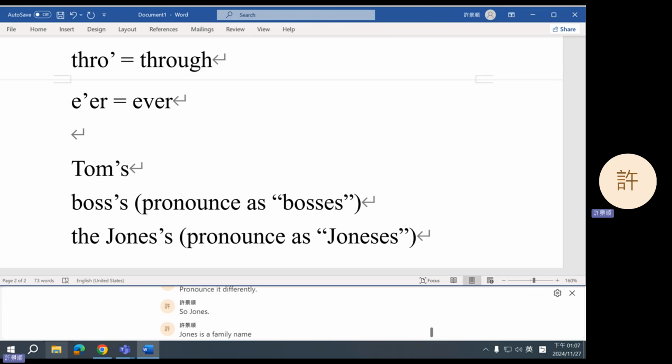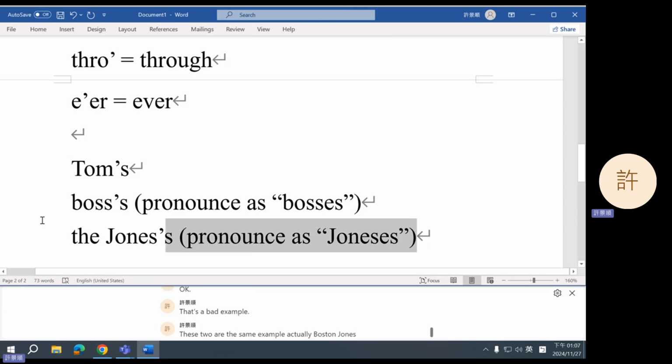So when you say the Jones, you're talking about the family named Jones. It's a plural noun. Okay, that's a bad example. These two are the same example, actually, boss and Jones. What we need is a plural noun.